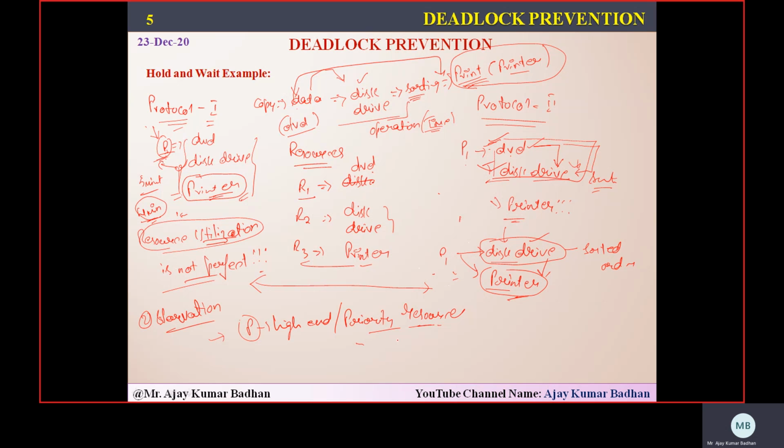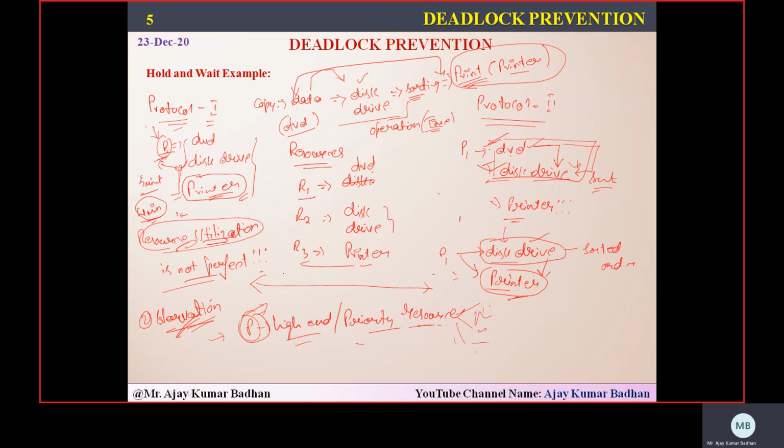Because high priority resources will definitely be used by multiple processes, and every process may have its own priority. In that case, this process may not be able to get all the resources required and may not be able to perform its task. That is what we call starvation. That's what we call a deadlock also, I guess. Okay, so there are two problems associated with the hold and wait protocols we are implementing here: resource utilization is not perfect, and second, starvation. I hope it's very clear with the help of this hold and wait condition.